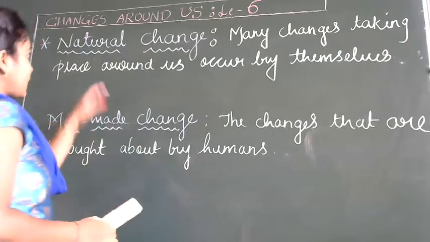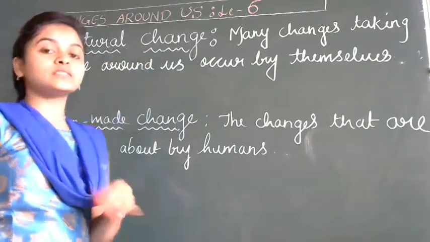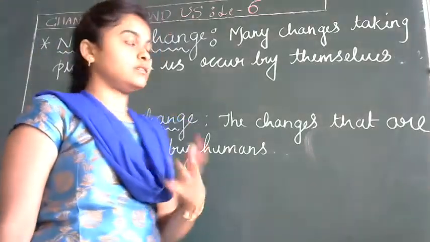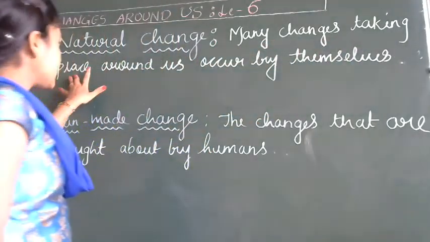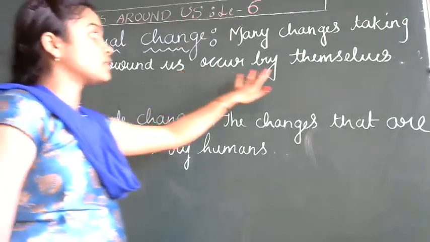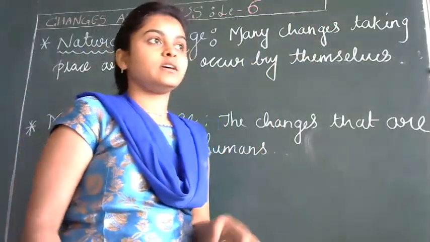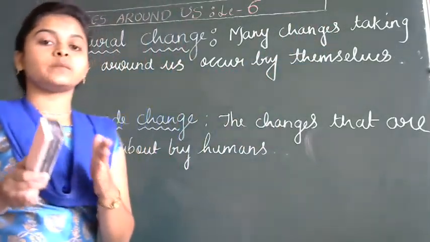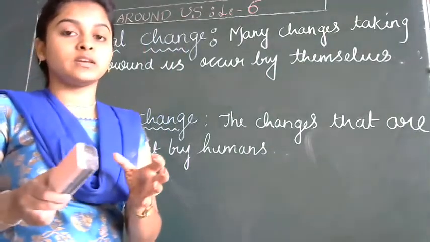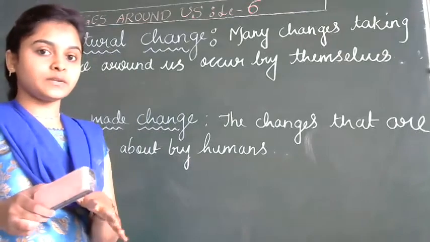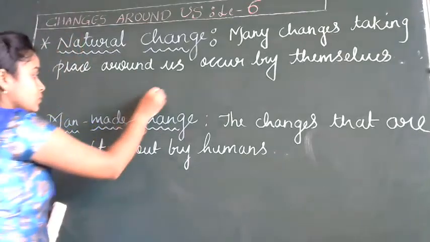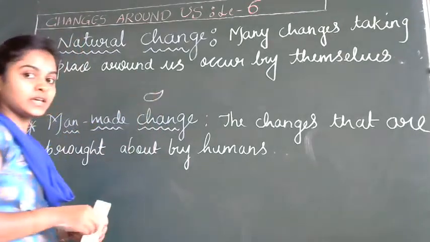Now, first look at natural change. Naturally, what does it mean? Many changes taking place around us occur by themselves. The changes, whatever you are observing, whatever you are noticing, occur by themselves only, right? For example, I told you about a seed.